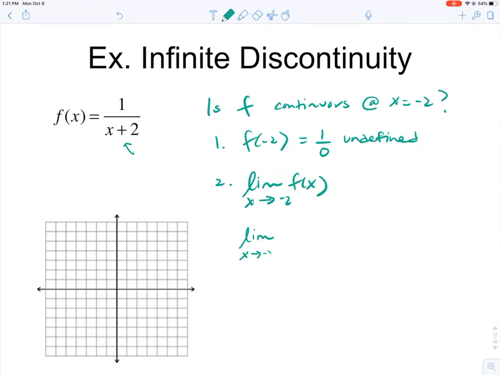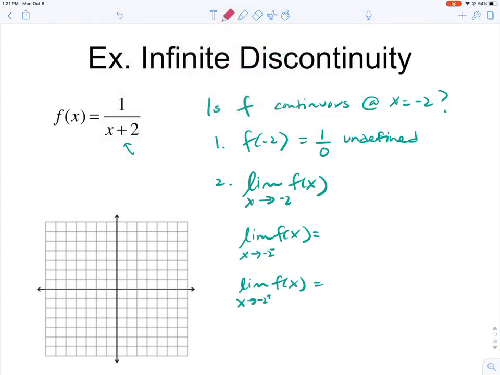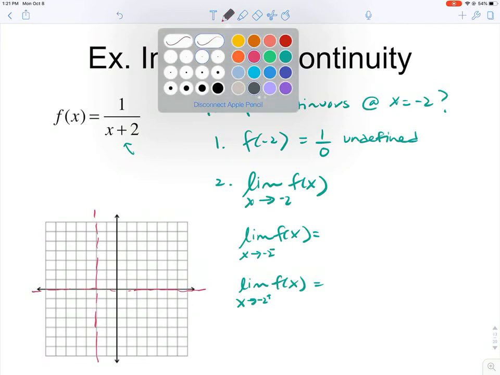So the limit as x approaches -2 from the left, and the limit as x approaches -2 from the right. Okay, so this graph is 1/x shifted left 2. So that means that the vertical asymptote gets shifted to the left 2.